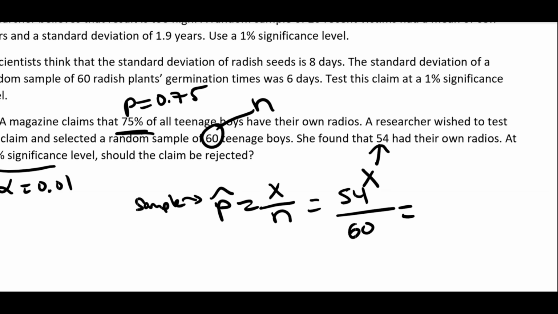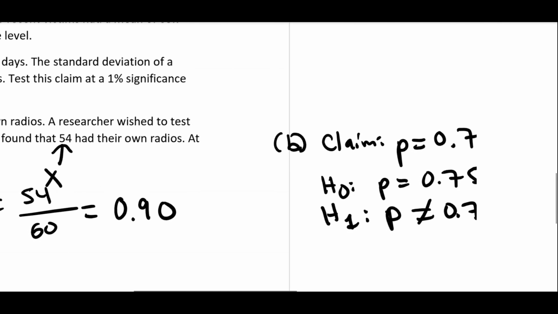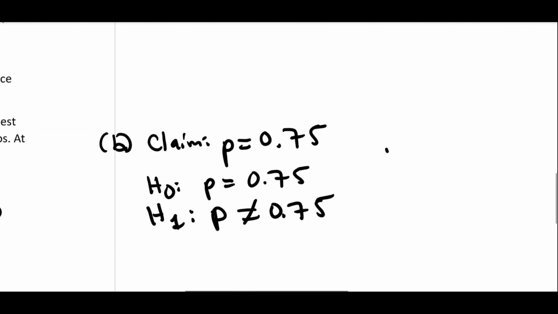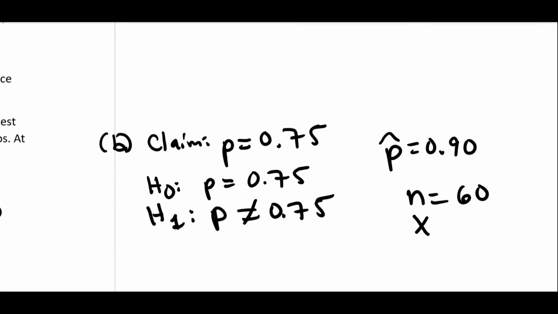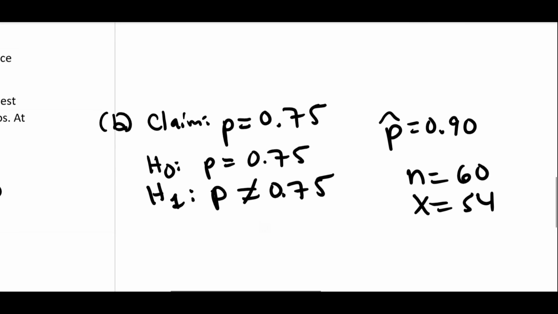So 54 divided by 60 is going to be 0.90. All right, so that's my p hat. So we know our p hat is 0.90. So let's write that here. P hat is 0.90, not 0.60. 60 boys, 54 had their own radio.